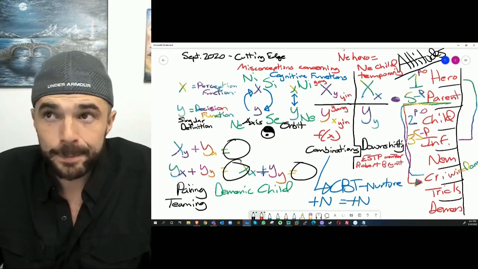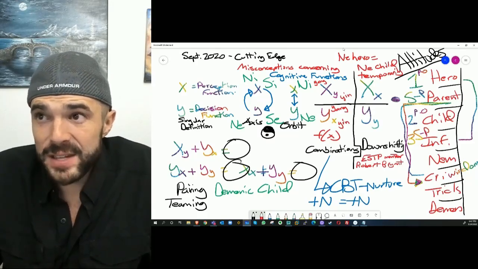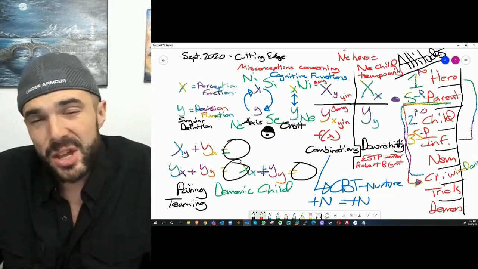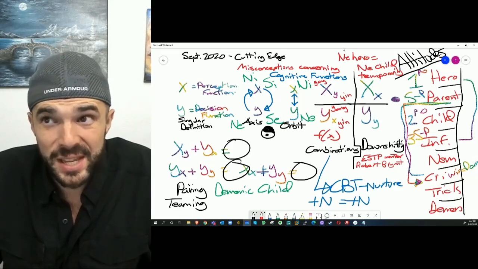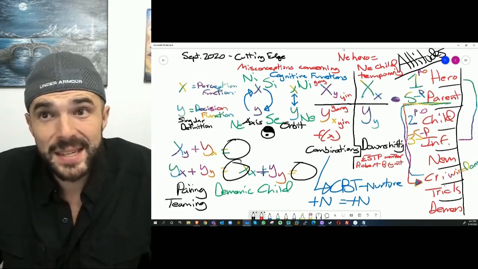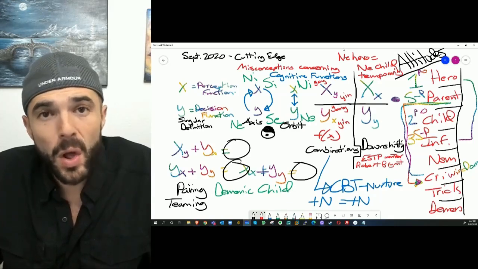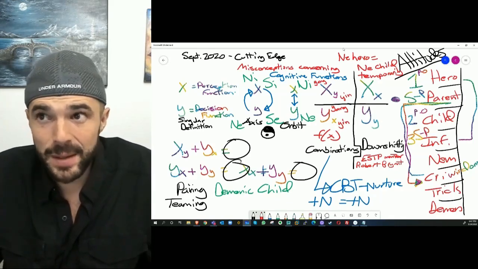That's reality. So therefore, the only thing out of these different approaches to cognitive functions that exist, the only thing here that can be utilized to identify someone's type consistently is cognitive axis. It's the only thing. It's the only thing objective enough to qualify as a vector in using the type grid to identify somebody.